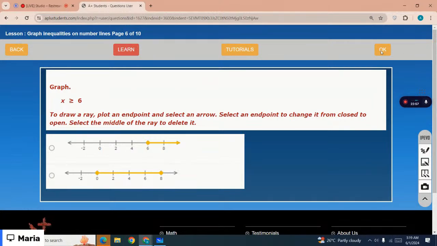The next one is x is greater than or equal to 6. So which is the correct option? That is option number 1 is the correct option, right?